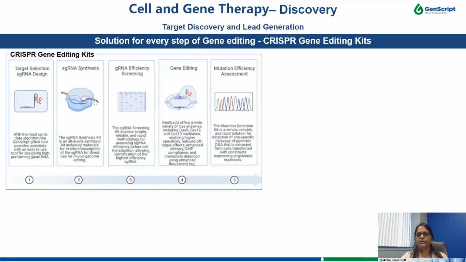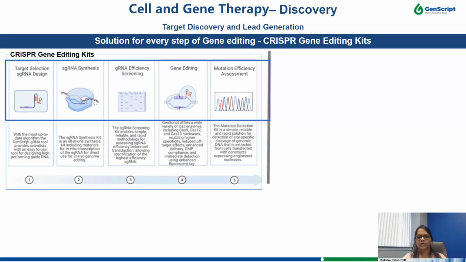CRISPRs allow a relatively easy way to manipulate genes for gain or loss of function studies, including to interrupt, insert, or remove. And this ready-to-use gene CRISPR kit simplifies Cas-mediated gene editing. It supports every step of the gene editing workflow, including sgRNA target selection, sgRNA synthesis, evaluating the efficacy of sgRNA, gene editing, and mutation efficiency and detection.